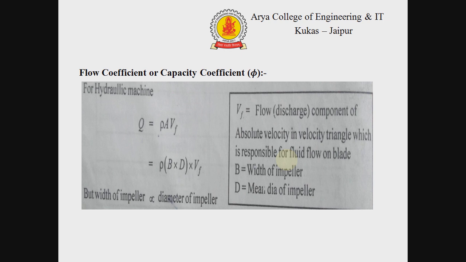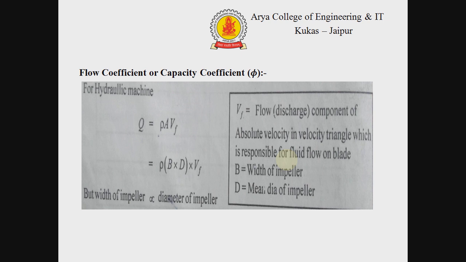Now we discuss the flow coefficient or capacity coefficient. The capacity coefficient is shown by phi. For a hydraulic machine, Q, the discharge, equals rho A Vf, where rho is the density and Vf is the flow component of absolute velocity in the velocity triangle, which is responsible for fluid flow on the blade. B is the width of the impeller, and D is the mean diameter.